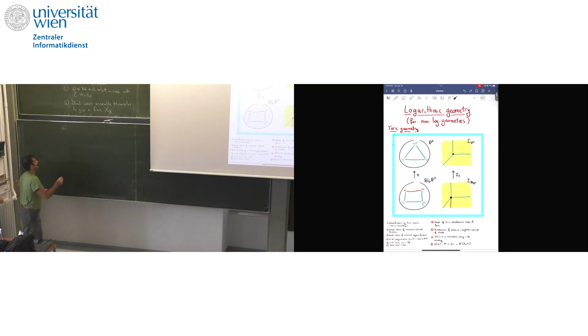Six, there is, at this point, more or less tautologically from what I said, an orbit-cone correspondence, i.e. a bijection between the cones of the fan and the strata in the stratification of the toric variety by torus orbits, right?